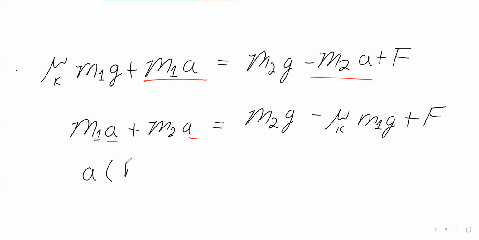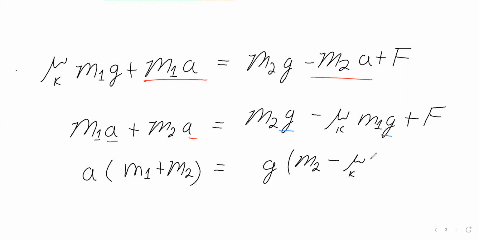You get A times the sum of the masses. G appears in both terms. You can factor that out and save some time. So the right-hand side becomes G times M2 minus mu M1.